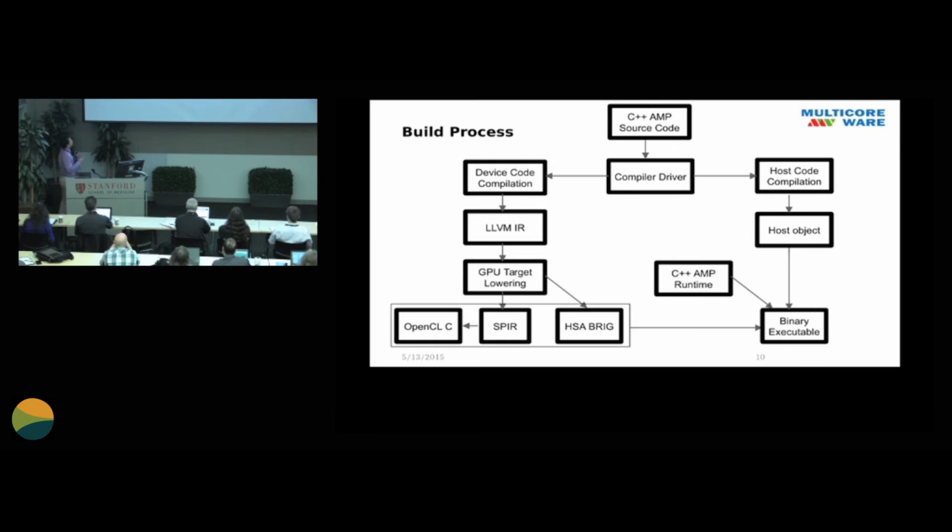The first is to build kernel code, and the second is to build host code. Building host code is much simpler, so we won't discuss it today. We'll talk a little more about device code compilation, where we take the kernel part of C++ AMP and compile it into GPU kernels.